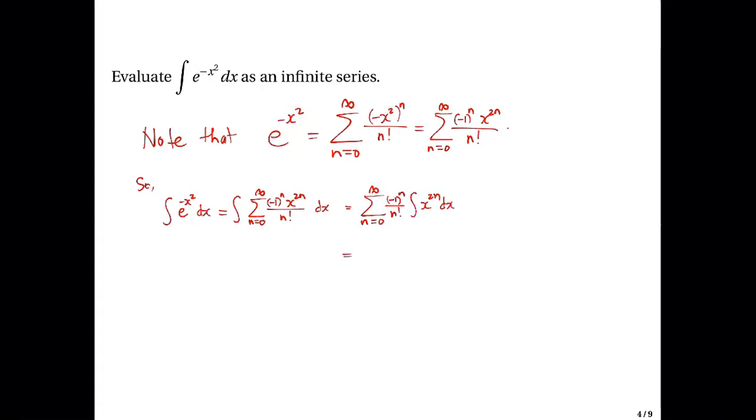And this guy here, we just have the series from n equals 0 to plus infinity, negative 1 to the n over n factorial. And then we integrate this, we'll get x raised to 2n plus 1 over 2n plus 1, and then plus some arbitrary constant here.